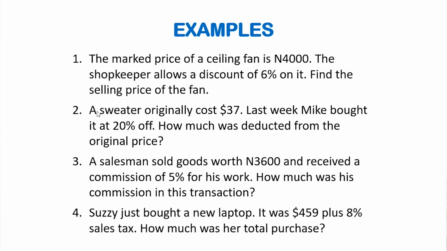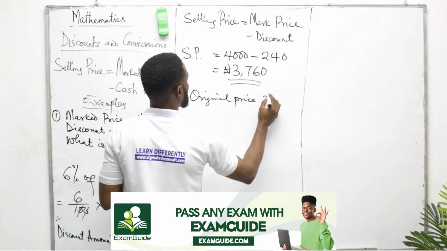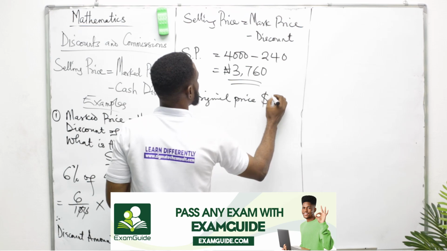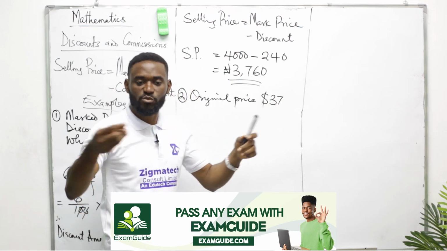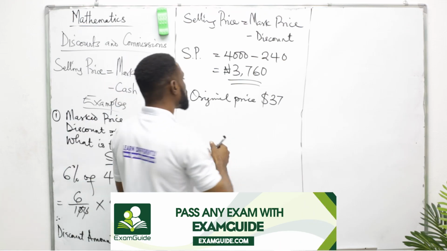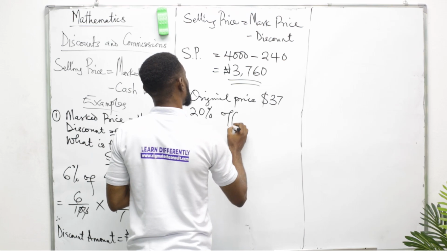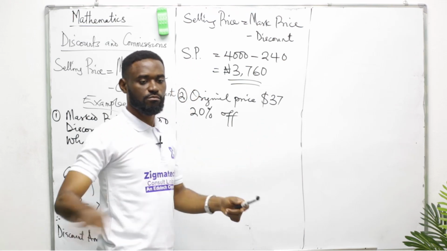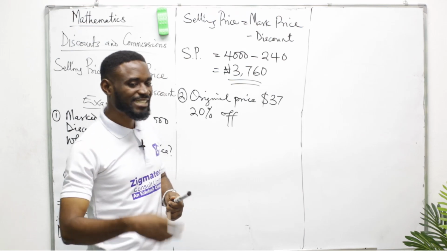Okay? So let's look at the original price, $37. Last week, Mike bought it at 20% off. Now, how much was deducted from the original price?